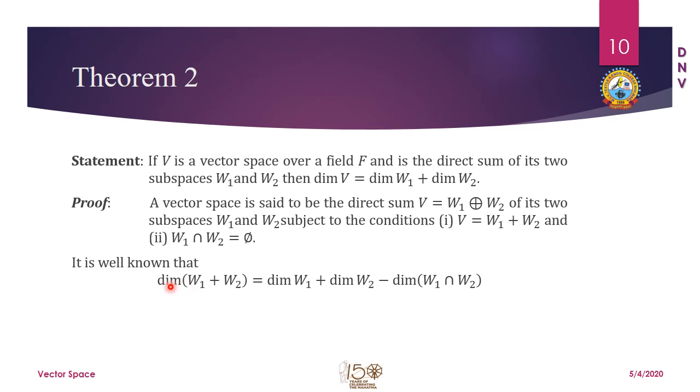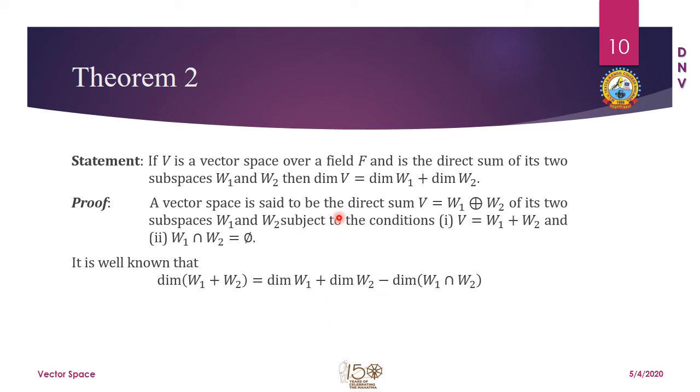Next, it is a well known result that the dimension of a linear sum of two vector subspaces is the sum of the dimensions of the two subspaces minus the dimension of their intersection. And the intersection of the two subspaces is the set containing only the zero vector, and we know that the dimension of the set containing the zero vector is always zero. So I can write it as zero, and I can use W1 + W2 = V. So we are using both the conditions, V = W1 + W2, and W1 ∩ W2 is a set containing only the zero element.